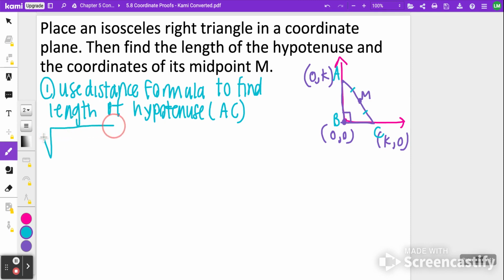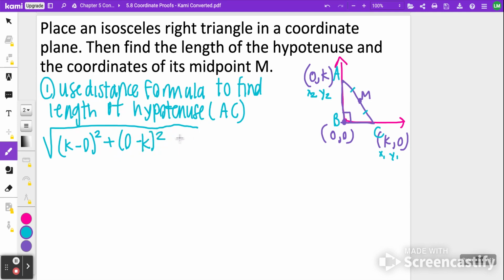So that would look like this, kind of plugging those things in. Maybe I say that I have my x1, y1 be here, and my x2, y2 be here. So then all I would do is plug in these numbers to my distance formula. So I would have k minus 0 squared plus 0 minus k squared.